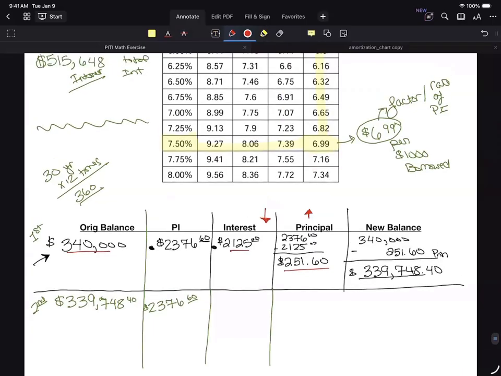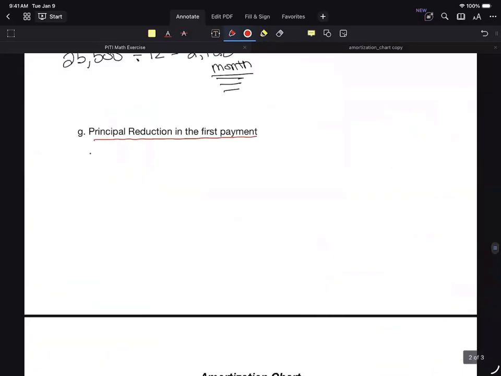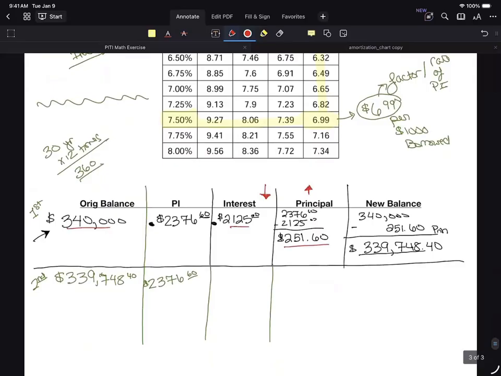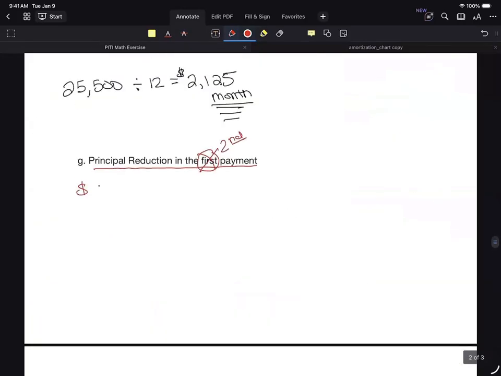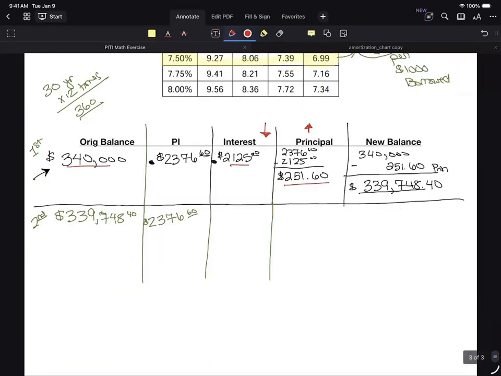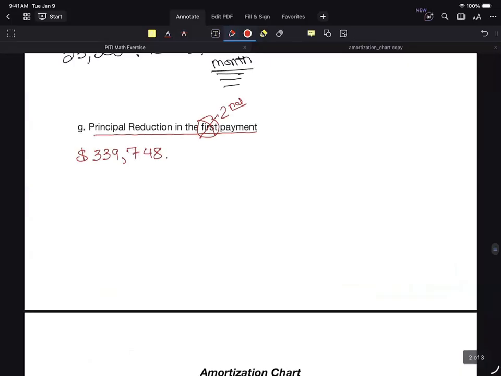But let's go back here. Let's pretend this question said, actually, in the second payment, now we owe the $339,748.40. There we go. That's our balance.